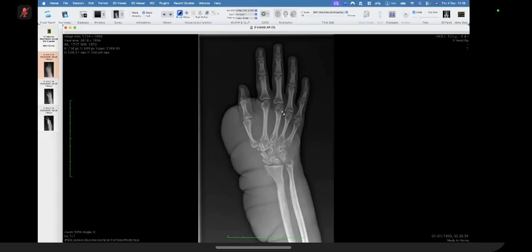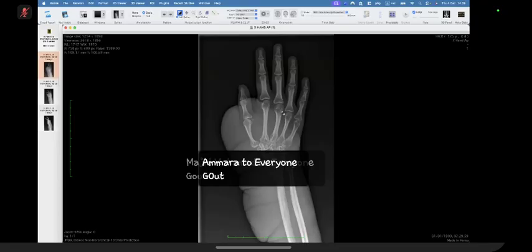I am presenting a radiograph of a skeletally mature patient, hand, frontal view.